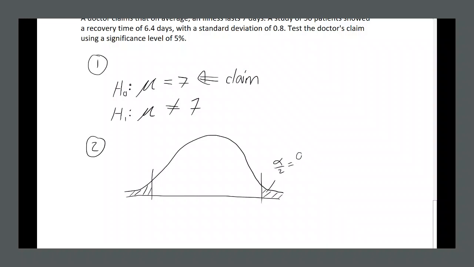That's 5%, or 0.05 in decimal form, split into 2, 0.025 on one side and 0.025 on the other side. And what else we will need is the degrees of freedom, which is our sample size minus 1, 50 minus 1, which is 49.